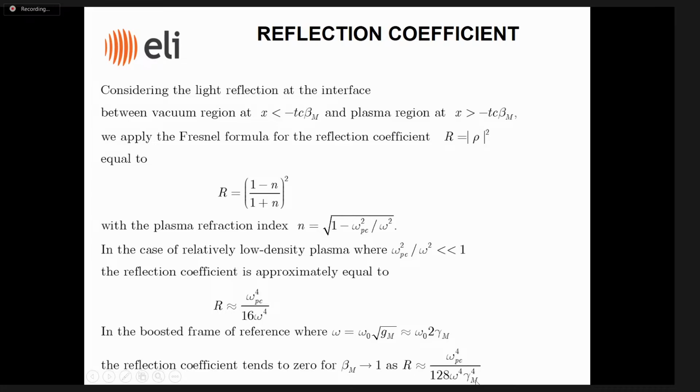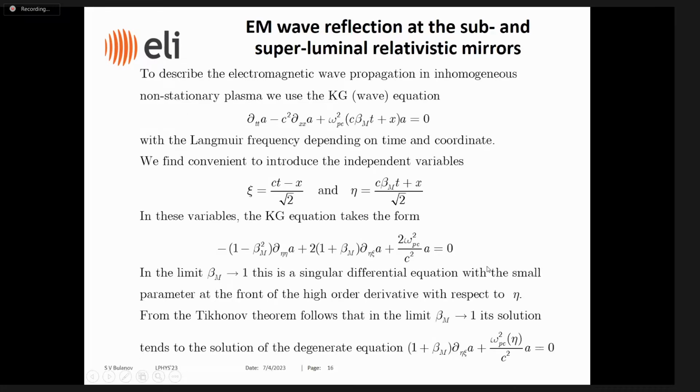And we see that when the gamma factor tends to infinity, beta tends to unity, then the reflection coefficient tends to 0. We have here some kind of counterplay between the factors: the amplitude wants to increase or grow, but the reflectivity drops and tends to 0. That's why we need to solve this problem more rigorously. We solve the wave equation, actually the Klein-Gordon equation, with omega p here, which depends on time and coordinate.